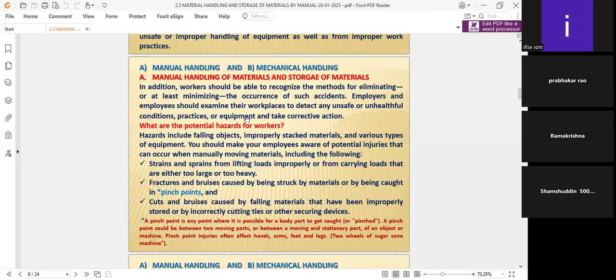If any unsafe equipment is there, the manager should inform the top management, so that corrective action is taken with respect to manual handling, the people, and the equipment also.